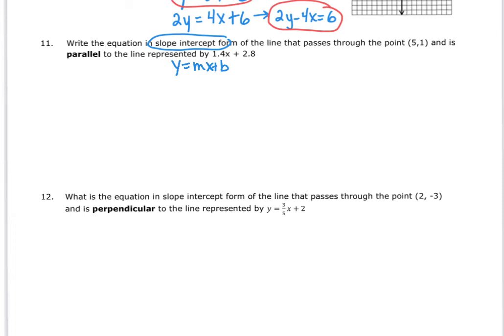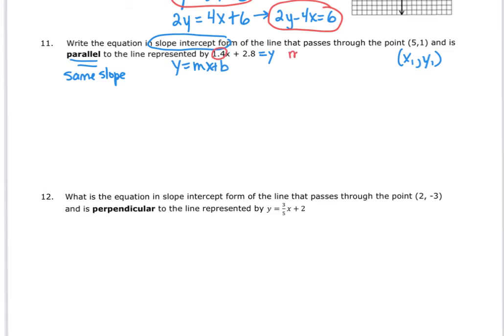It says the line passes through the point (5, 1), so that is x1, y1. And it's parallel, so parallel means that it's the same slope as the line represented by this equation, y equals 1.4x.